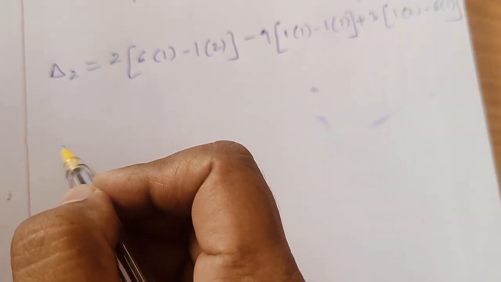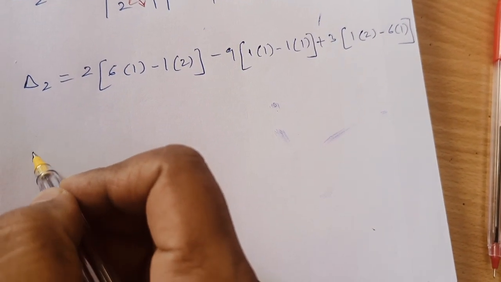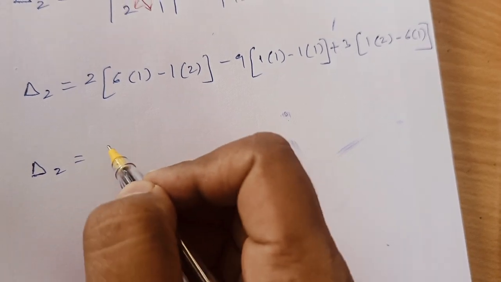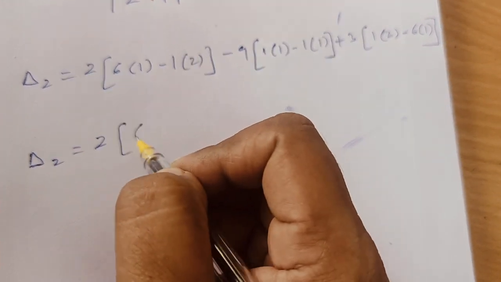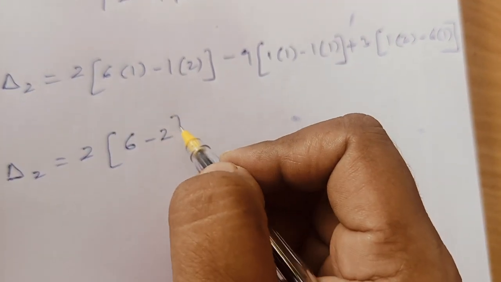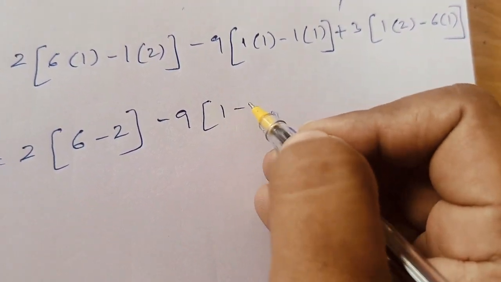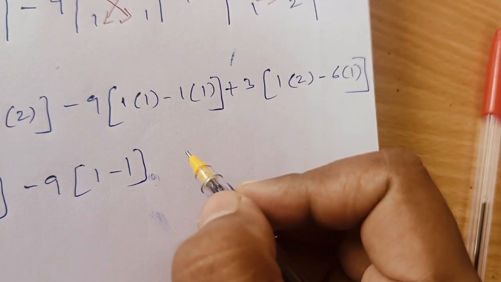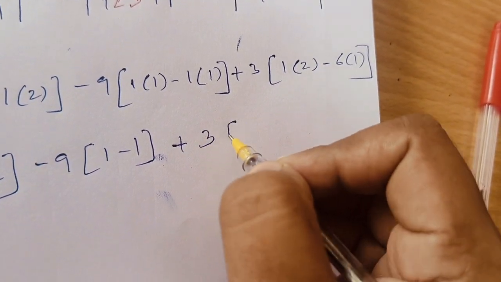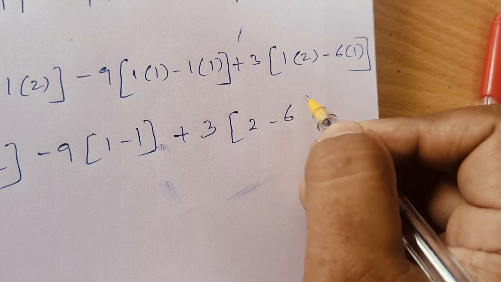Now delta 2 is equal to 2 into 6 minus 2, minus 9 into 1 minus 1, and this is plus 3 into 2 minus 6.